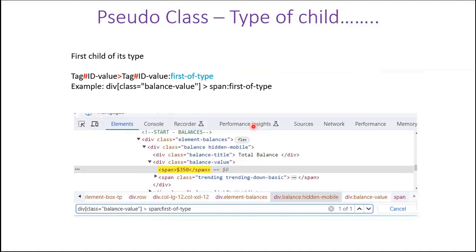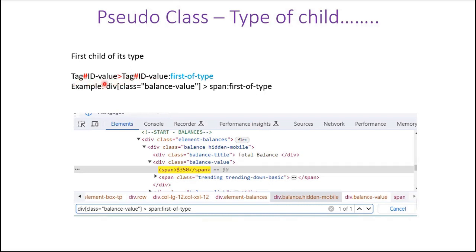So here we have the pseudo class type of child, right? In the previous part we learned child, nth child, and now we are going to discuss type of child. In the type of child, we put the tag name and then the value, tag ID value.